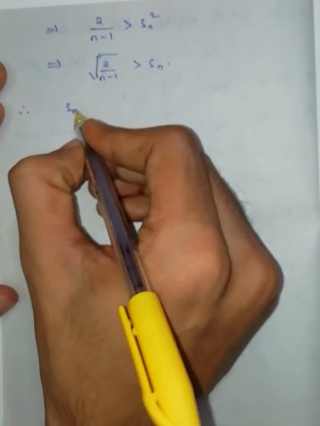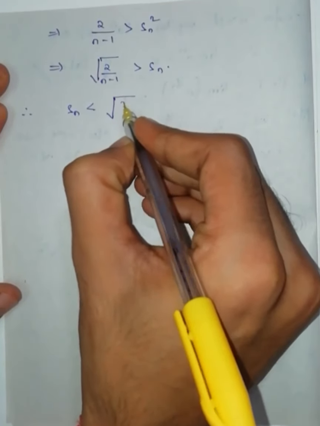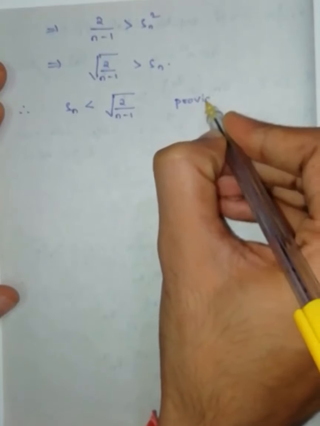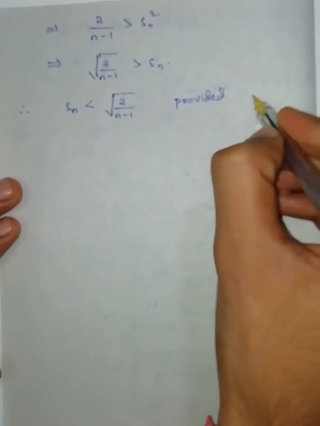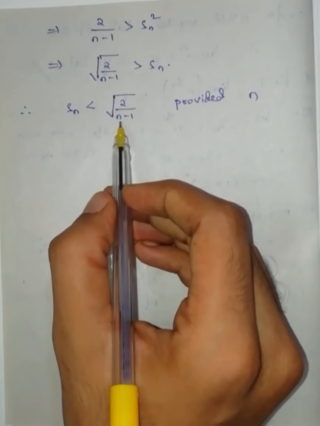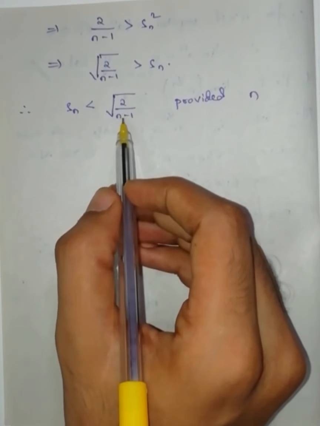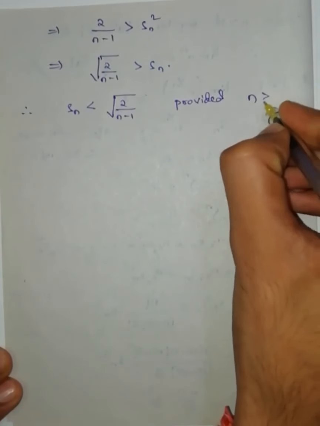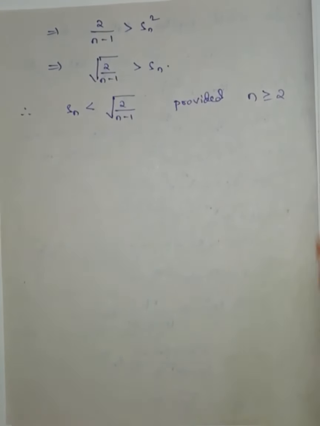Therefore, Sn is less than root of 2 by (n minus 1), provided I can't take n equal to 1. If I take n equal to 1, we get 2 by 0, which is undefined. So n can be taken as greater than or equal to 2.